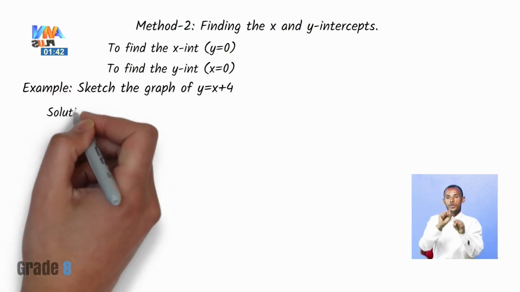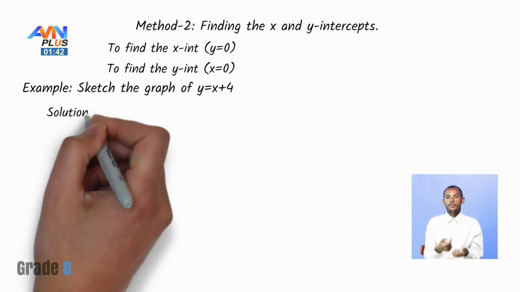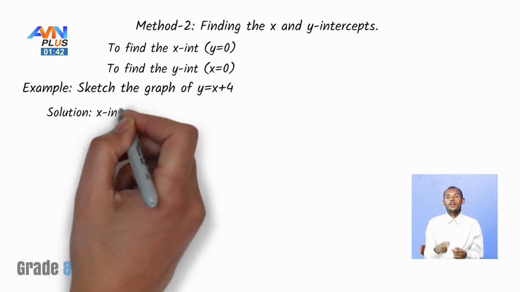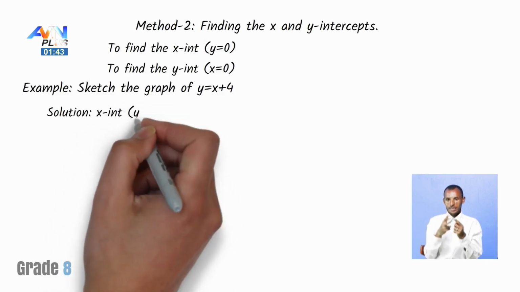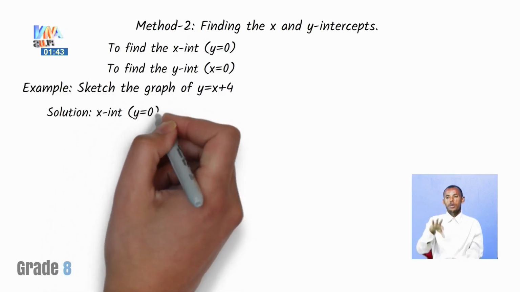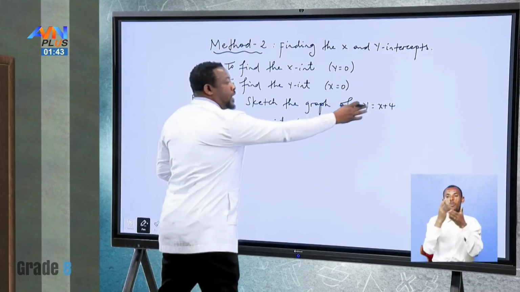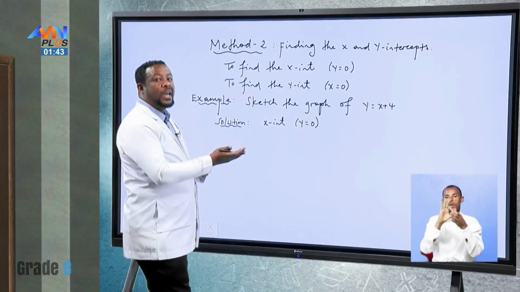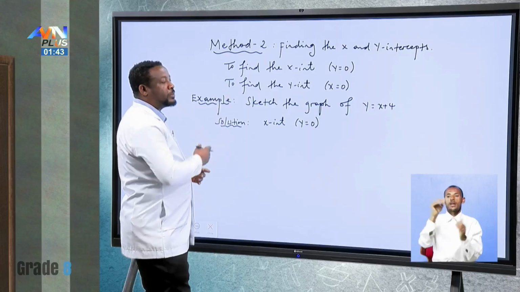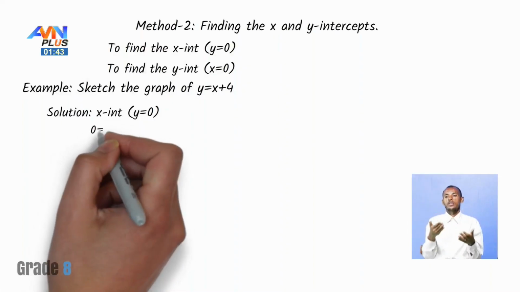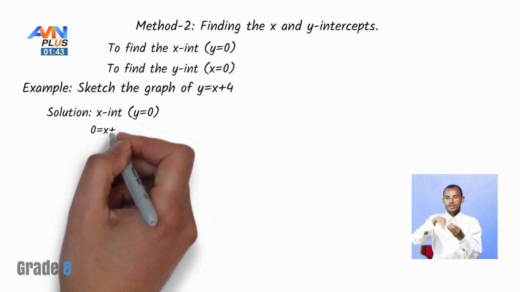So let's calculate the x-intercept. To find the x-intercept, don't forget to put y equals 0 in the equation. So take this equation and substitute y equals 0 in the given equation. So 0 equals x plus 4.